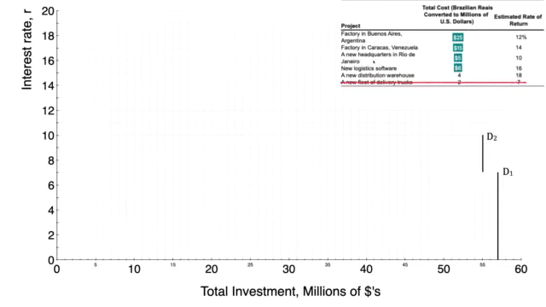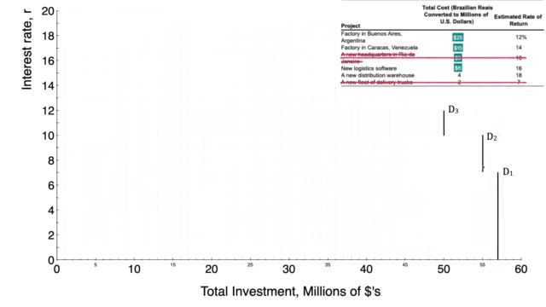Let's go up, and now if the interest rate goes above 10%, that new headquarters in Rio de Janeiro is not a viable investment. The estimated rate of return is less than the interest rate, so therefore they won't invest in it. So this is what the next section of the investment curve, this investment schedule, D3, looks like.